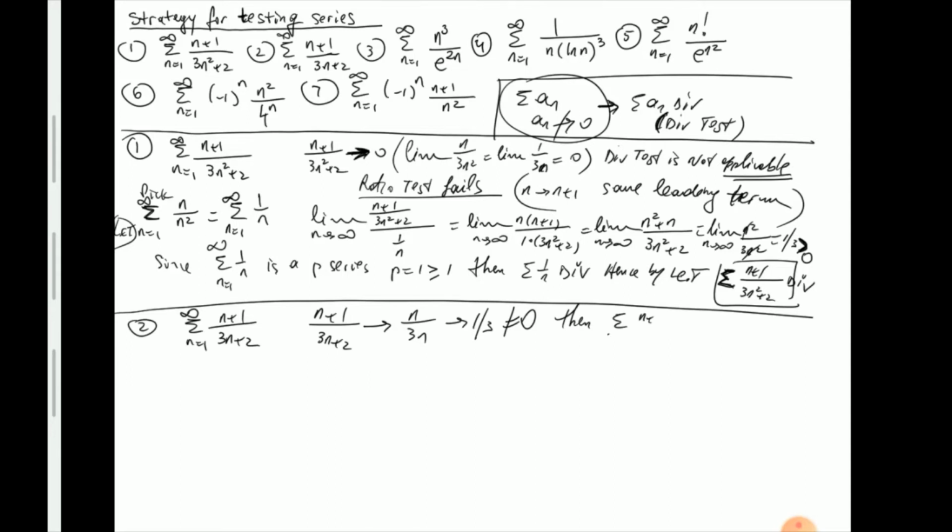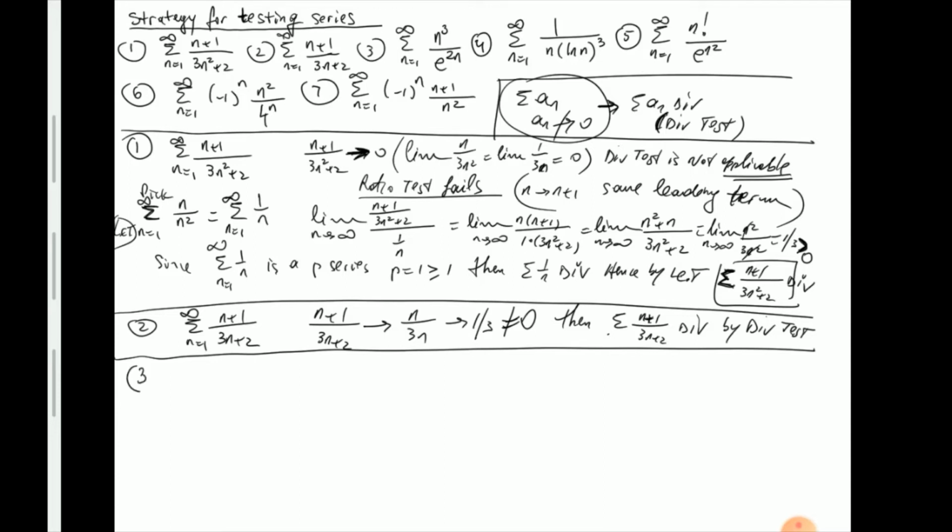The original series is divergent by the divergence test. So always check to see if the limit goes to 0 or not, because if it doesn't, and only if it does not go to 0, one can conclude something, which is the series diverges. If it goes to 0, it gives you nothing. You have to use a different test.